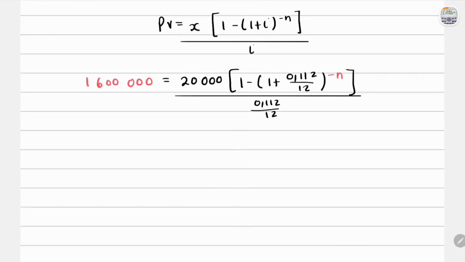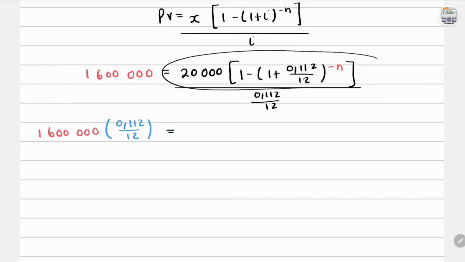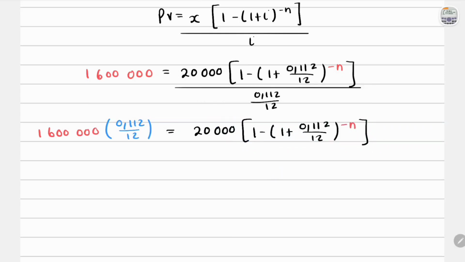So how do we get closer to that n? Okay, so if we want to avoid working with decimals, what we could do is go ahead and take this to the numerator. In other words, we're going to multiply both hand sides by 0.112 over 12, and it's going to end up sitting right next to the 1.6 million. So it's going to be like that, and then everything else here will come here. So there we go, we have this.